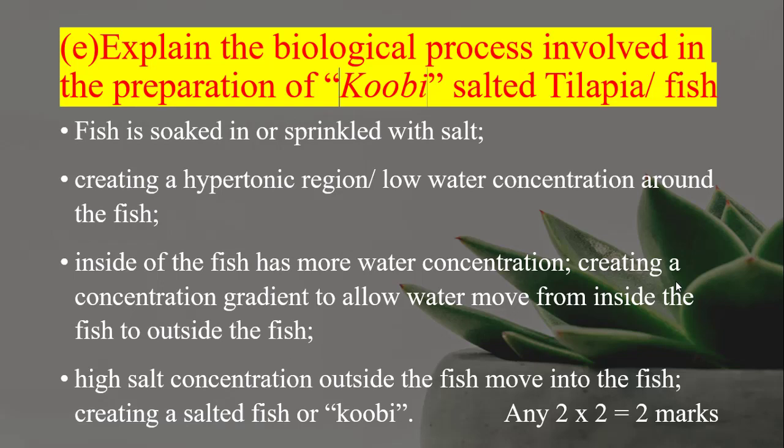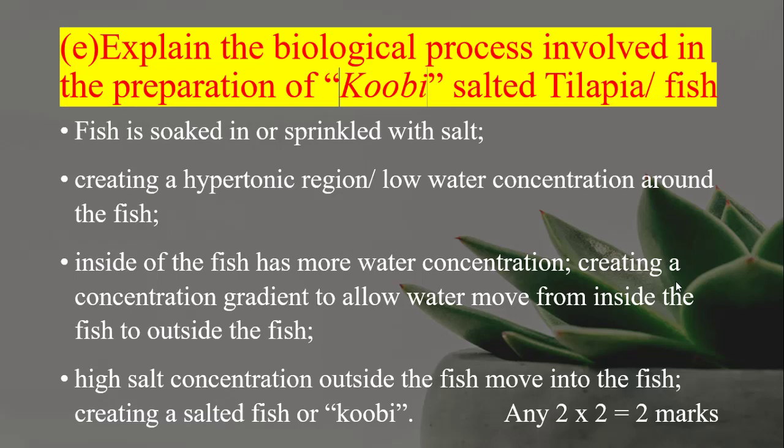So this allows water to constantly move out of the fish, and thereby you can keep your tilapia for a long time. The shelf life is increased. You can keep it, especially where there's a bumper harvest.